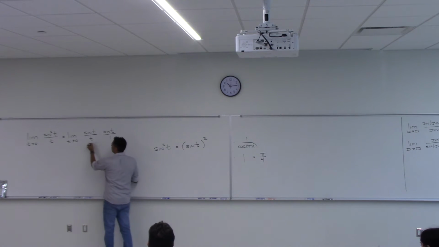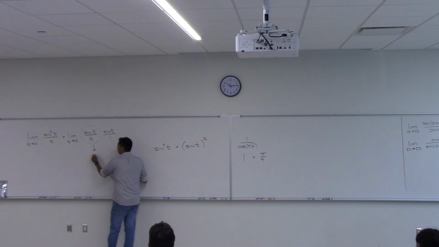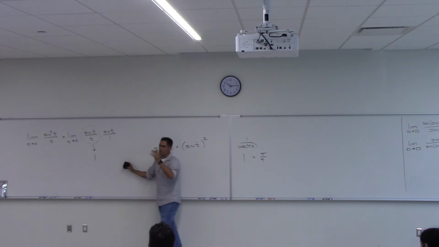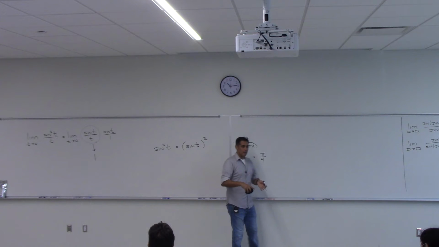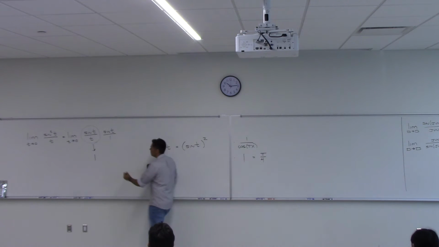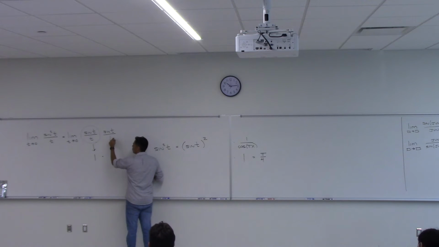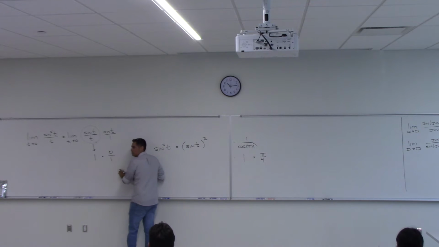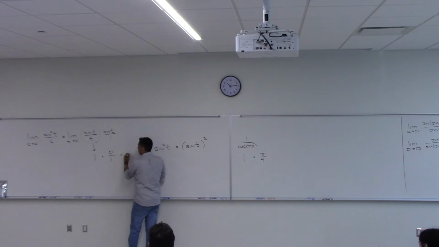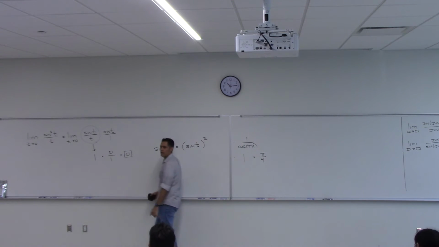Now this goes where? If I take this limit, that goes to 1, because I have sine of junk over junk, the junk matches, the junk goes to 0. But what about the other one? Times sine t over 1, when I take the limit, that's just going to be 0. So your answer is 0 here.